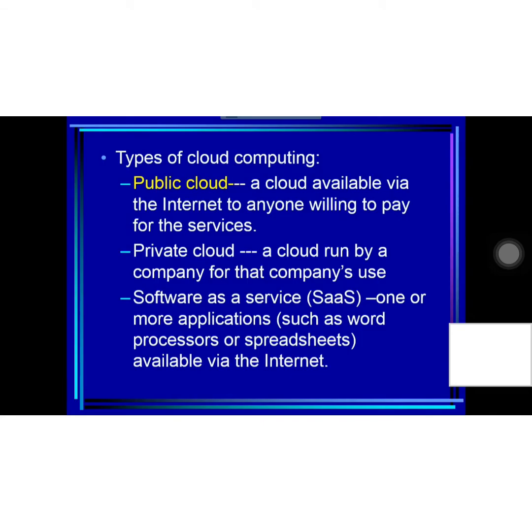Hybrid cloud, a cloud that includes both public and private cloud components. Software as a service, one or more applications available via the internet. Platform as a service, a software stack ready for application use via the internet. Infrastructure as a service, servers or storage available over the internet.